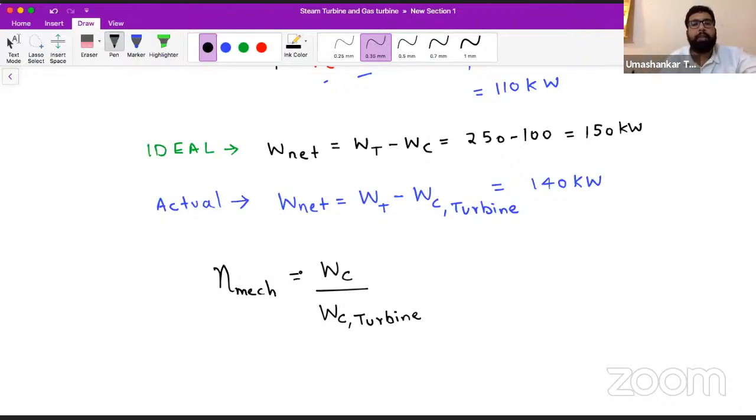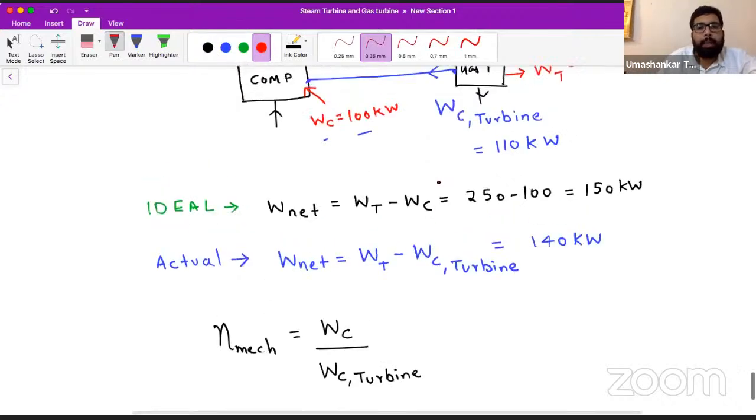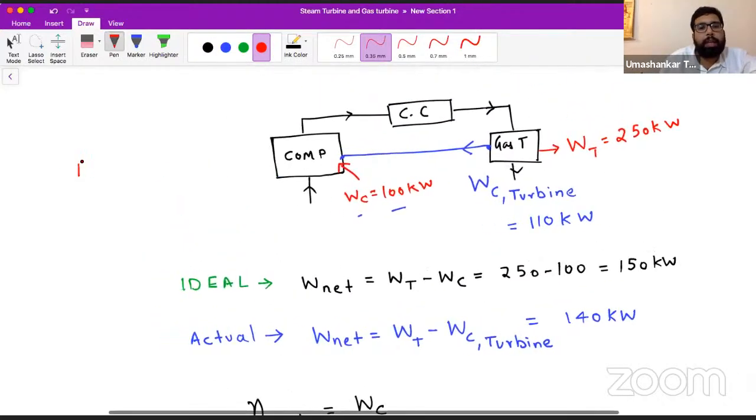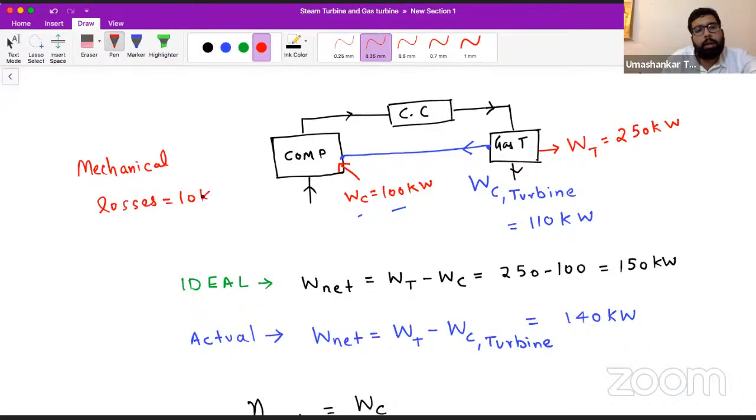In this particular example, can you say that our mechanical losses are 10 kilowatt, because 10 kilowatt is getting lost from this place to this place? So if mechanical losses are given to you, can you calculate WC turbine? I think you can.